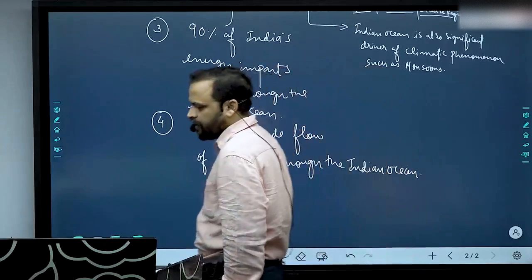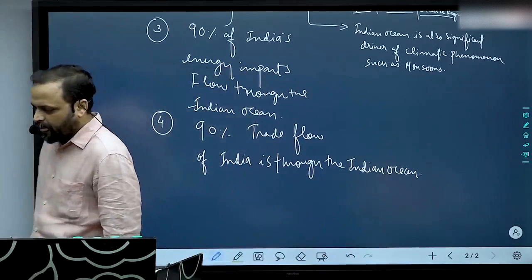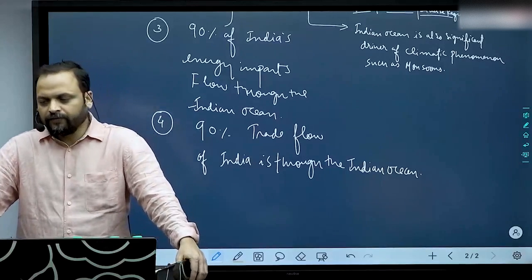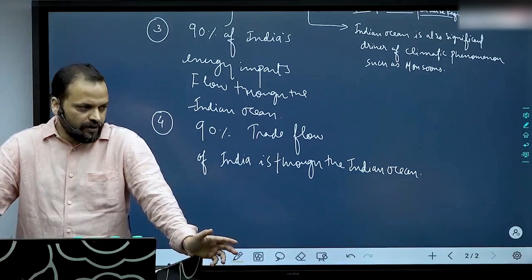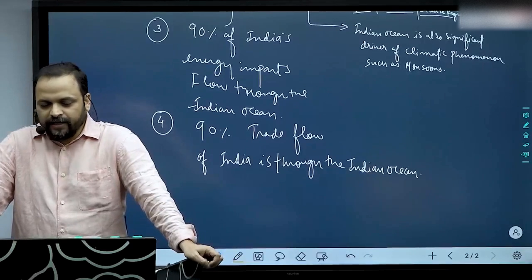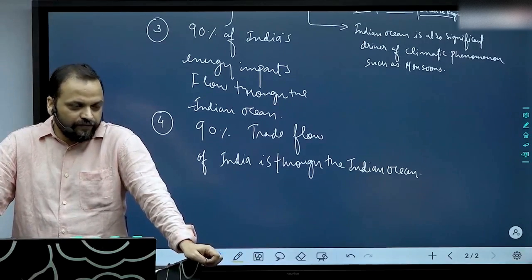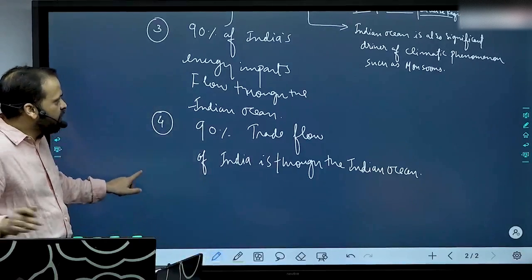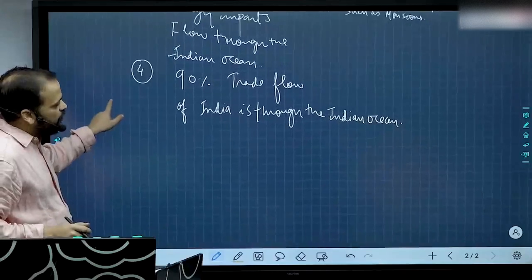So that is clearly a point that makes you aware of the fact that it is economically important. It is important from economic security perspective. So coastal and maritime security, energy security of India, as well as trade security of India is dependent on security of Indian Ocean region.